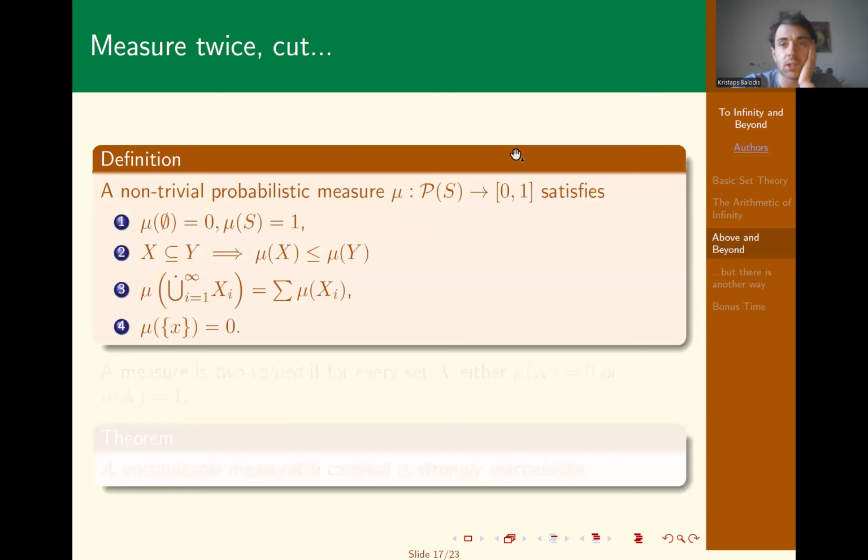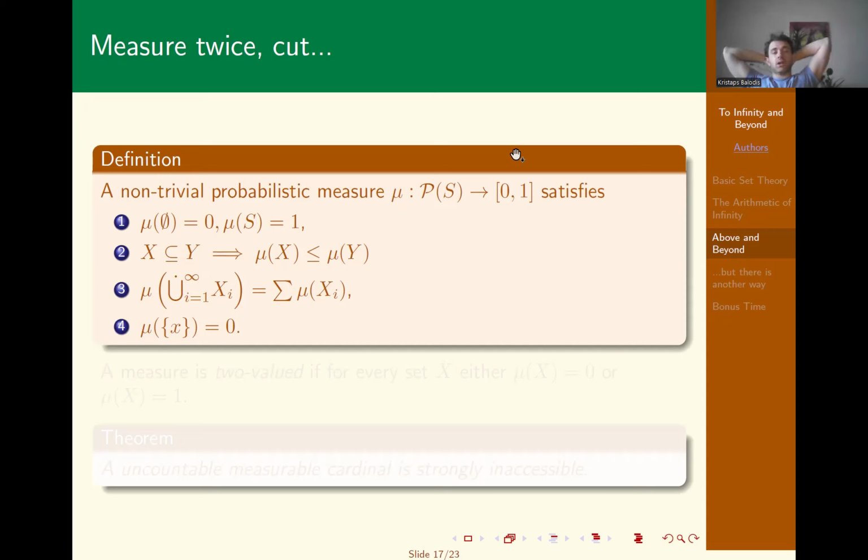Okay, so to say a little bit more about how crazy or not these large cardinal axioms are, we've got to talk about the definition of a measure. Specifically, we're going to talk about a non-trivial probabilistic measure.